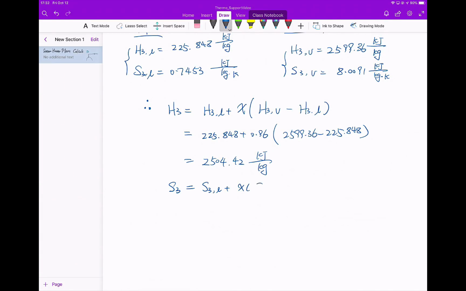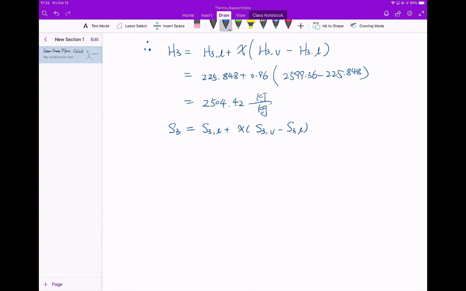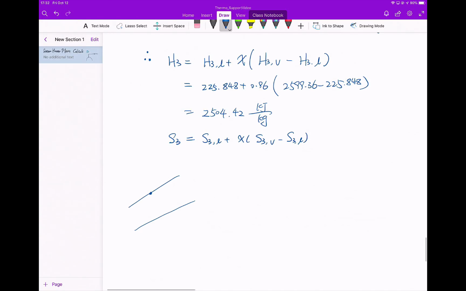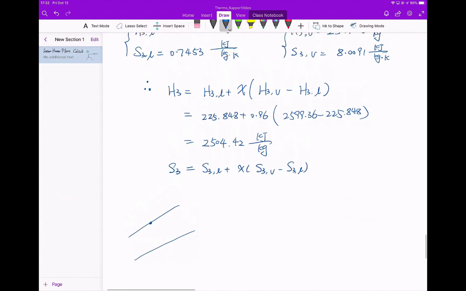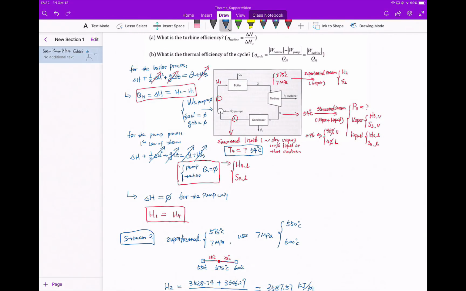This is still S3 of the vapor minus S3 of the liquid, and then you just use those values to finish the calculation. Now for that turbine, remember that this is, we call this as 3. Let me see, 3.